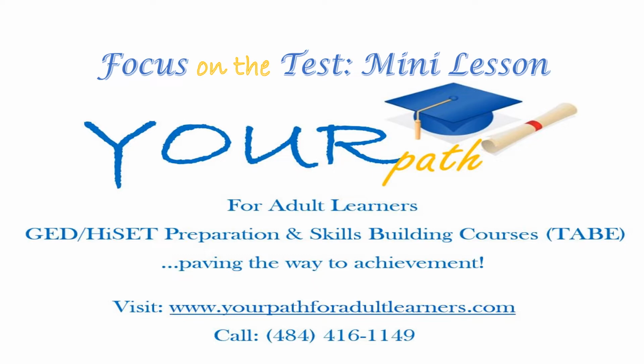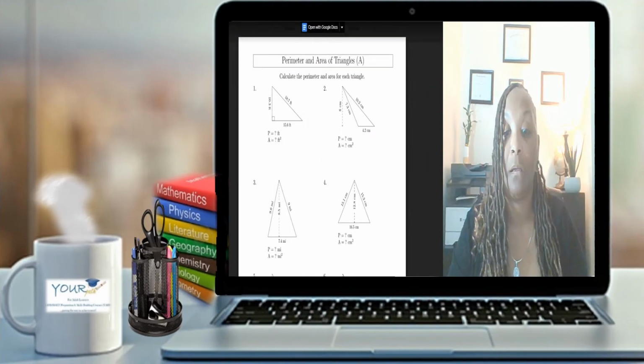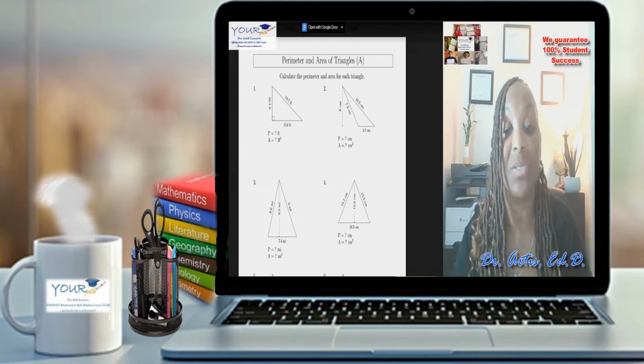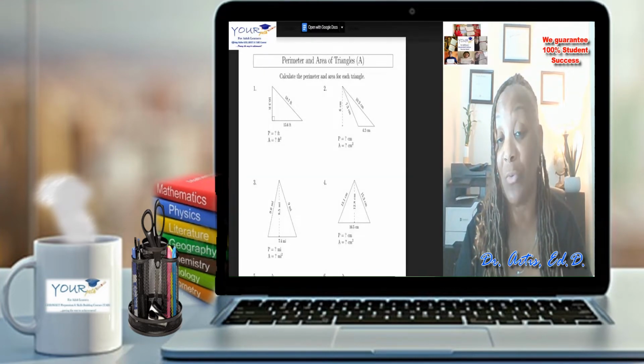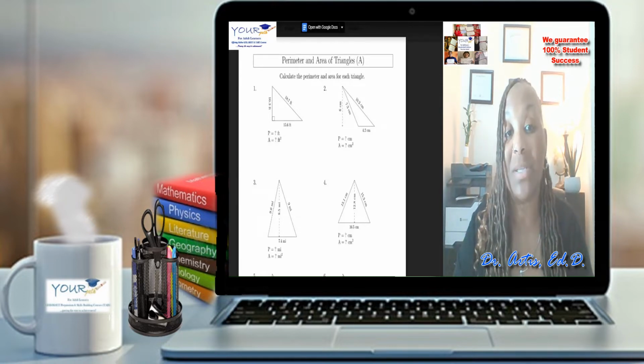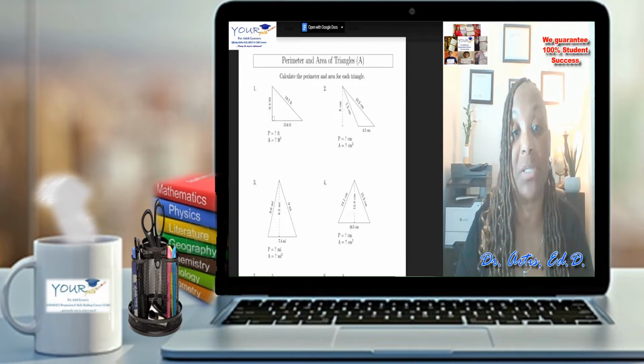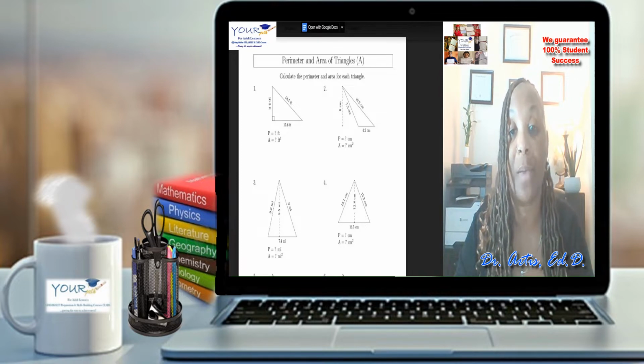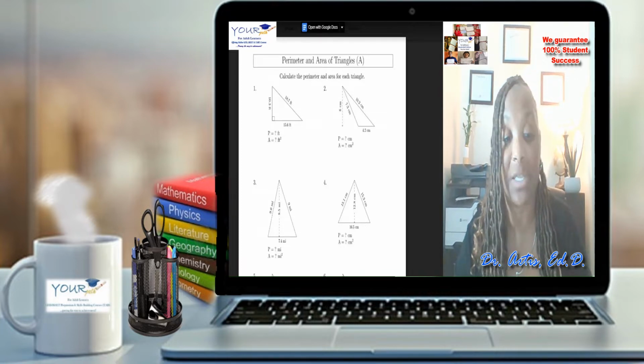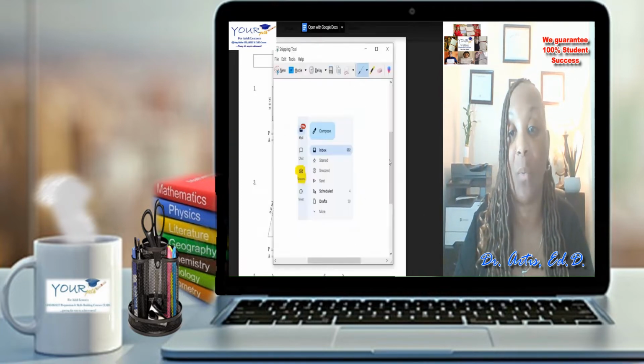So now on to our lesson for the day. Hello everyone. In today's lesson, we're going to discuss how to find the perimeter and the area of a triangle. We're going to look at a few of these problems. I'm going to look at problems 1 and 2, and my students can do the remaining problems. So let's go to our whiteboard.